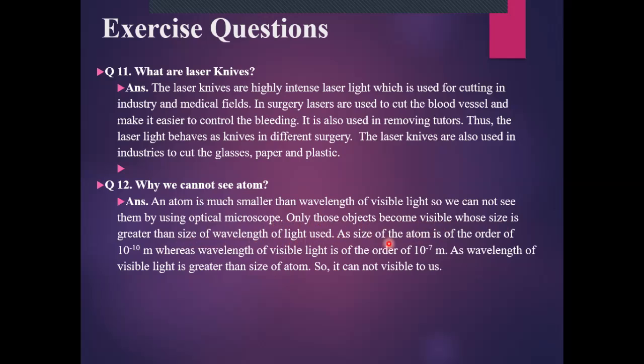As the size of an atom is of the order of 10^-10 meter, whereas the wavelength of visible light is of the order of 10^-7 meter, the wavelength of visible light is greater than the size of an atom, so it is not visible with the help of visible light.